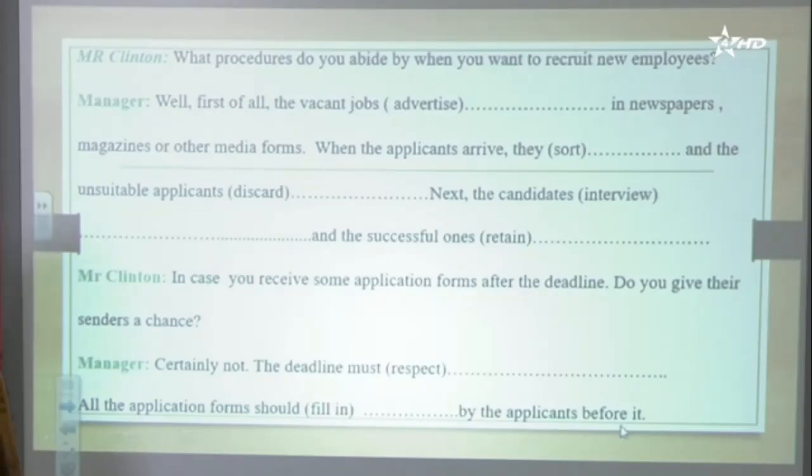When the applicants arrive, the verb is sort, and the unsuitable applicants discard. Next, the candidates interview, and the successful ones retain. In case you receive some application forms after the deadline, do you give the senders a chance? Certainly not. The deadline must, the verb is respect, and all the application forms should fill in by the applicants before it. Okay, here, what do we need? We need to put the verbs in the passive form.